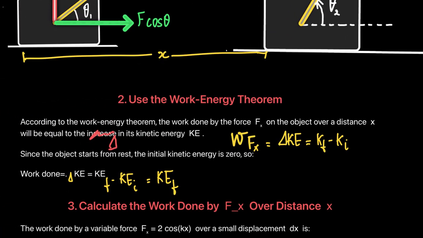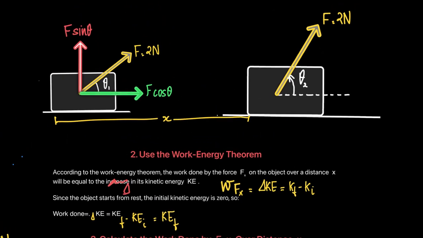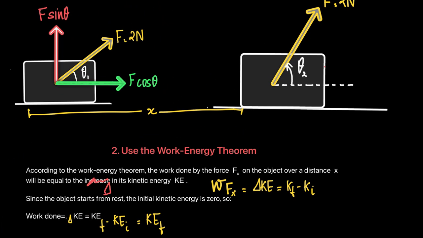What is Kf? The kinetic energy of this object at this position. Here the velocity is v, and in the initial position the velocity is u, which is 0 because it was at rest. And since the velocity is u, the kinetic energy would be half m u square, which is equal to half m 0 square, which is 0.